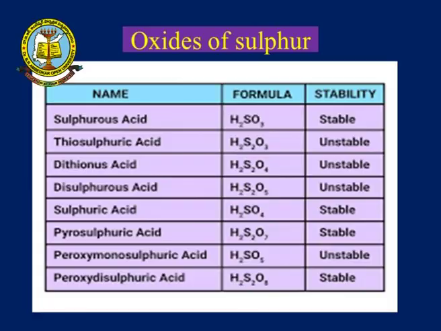You see the sulfur acids: sulfurous acid, sulfuric acid, thiosulfurous acid, thiosulfuric acid, pyrosulfurous acid, pyrosulfuric acid, and the last category, most important, peroxy acids, meaning oxyacids of sulfur containing a peroxy bond. Peroxy bond means, as I told you in the previous class, an O-O bond.